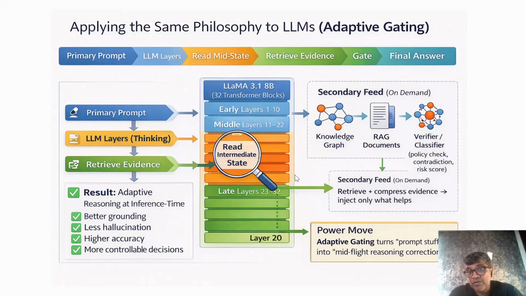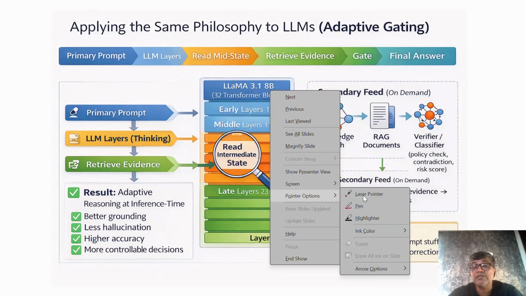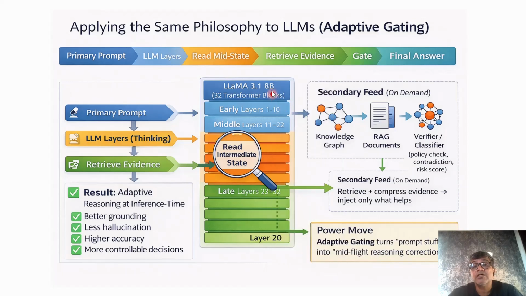In our case, we were using a fine-tuned model. In this example, I've given Llama 3.1, which has about 32 layers, or 32 transformers stacked back to back. As the initial test run, the primary prompt sent to Llama 3.1 was a standard prompt.